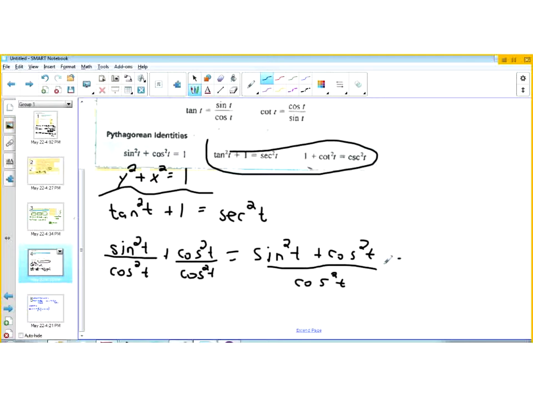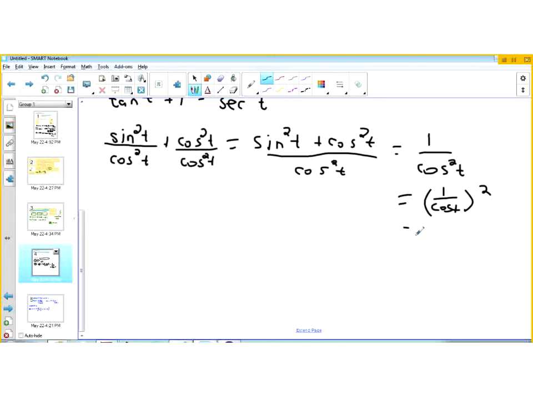And if we add the components of the numerator, well, sine squared plus cosine squared, as we said, is 1, so that's 1 over cosine squared t. And that's equal to 1 over cosine t, all of that squared. And we know 1 over cosine t is secant. So we write it as secant, and we put the 2 before the t. So that's secant squared t.